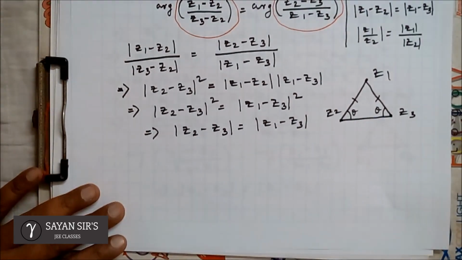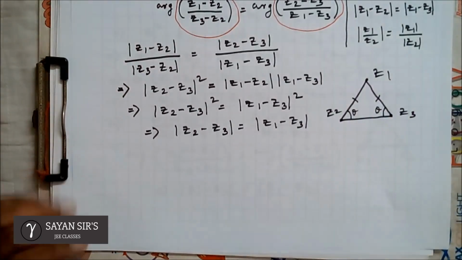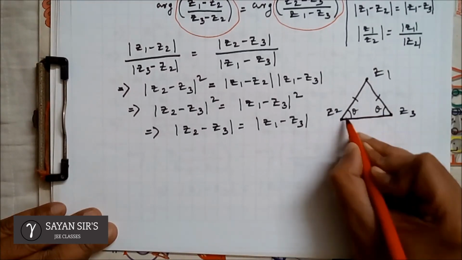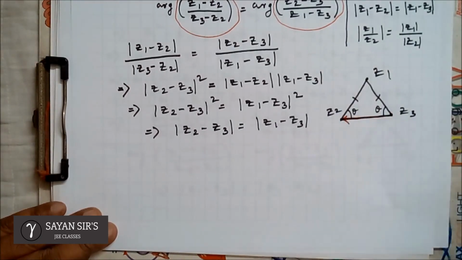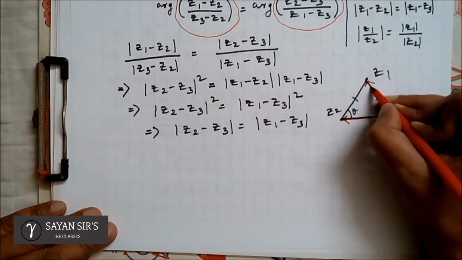Mod of z2 minus z3 is actually this side, and mod of z1 minus z3 is actually this side.